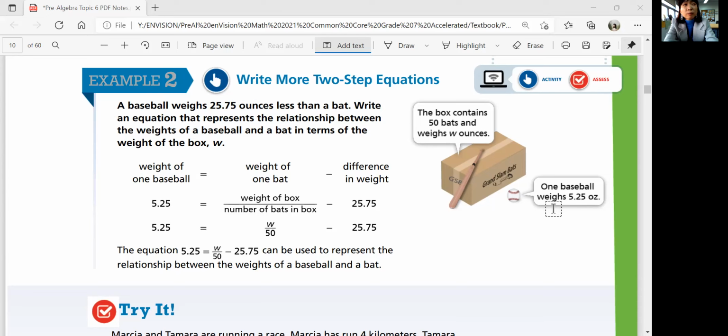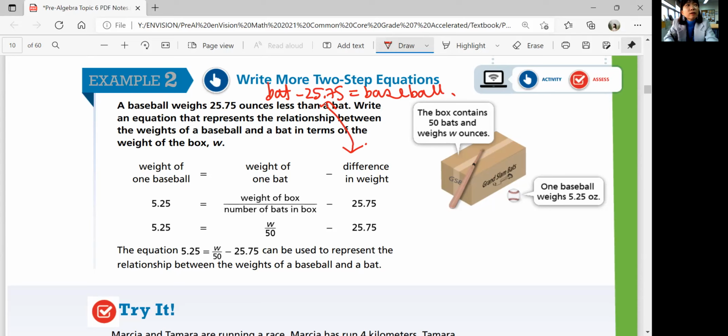One baseball weighs 5.25 ounces. Weight of one bat, we don't know. Minus the difference in weight, okay? The difference in weight is 25.75 because we know a baseball weighs 25.75 ounces less than a bat. So that means whatever the bat is, you subtract 25.75 to get the baseball, right? So that is the difference in weight.